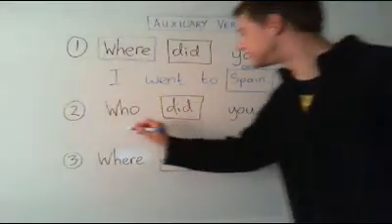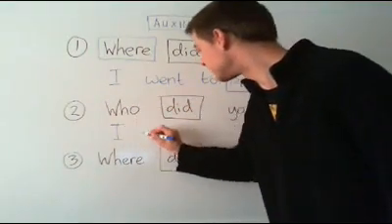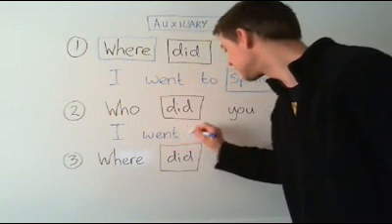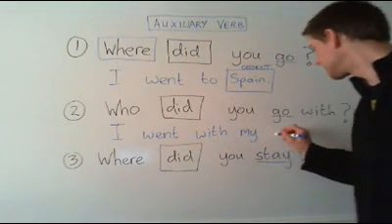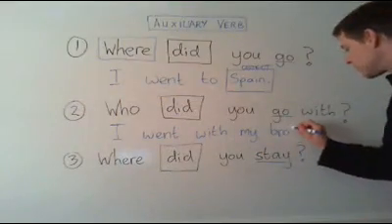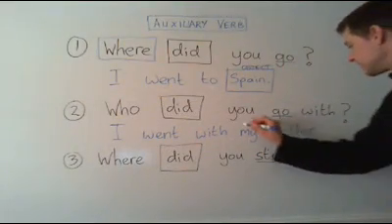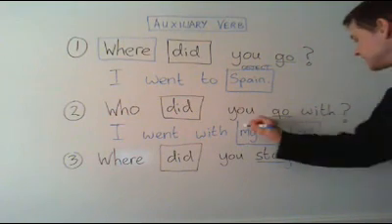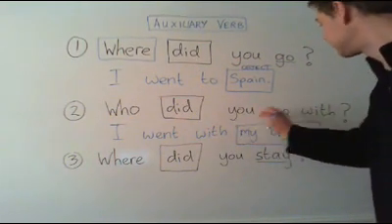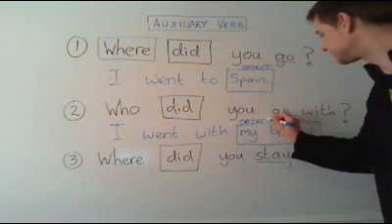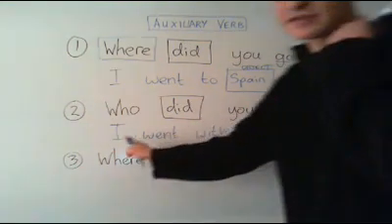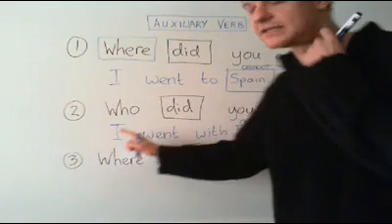Who did you go with? I went with my brother. Again, my brother is the last word of the sentence. My brother is at the end of the sentence, and this means that it is the object of the sentence. It is not the subject, it is the object.